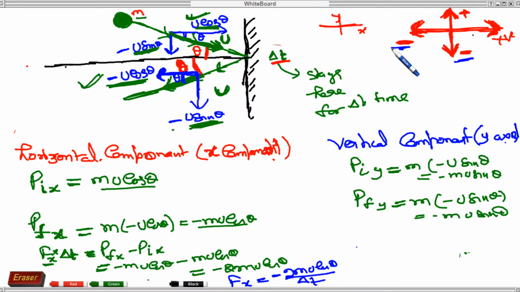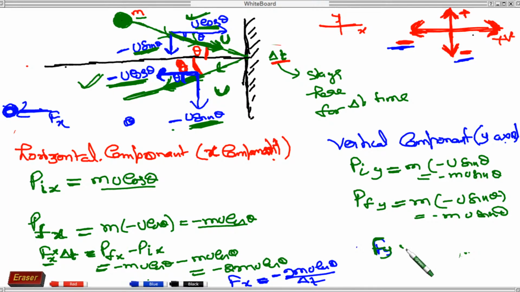Here we are considering the minus sign, so our force is in this direction, meaning along the x-axis the force on this ball, if this is our ball, will be this much Fx. Let's find out the Fy also. Fy into delta t is equal to Pfy minus Piy.